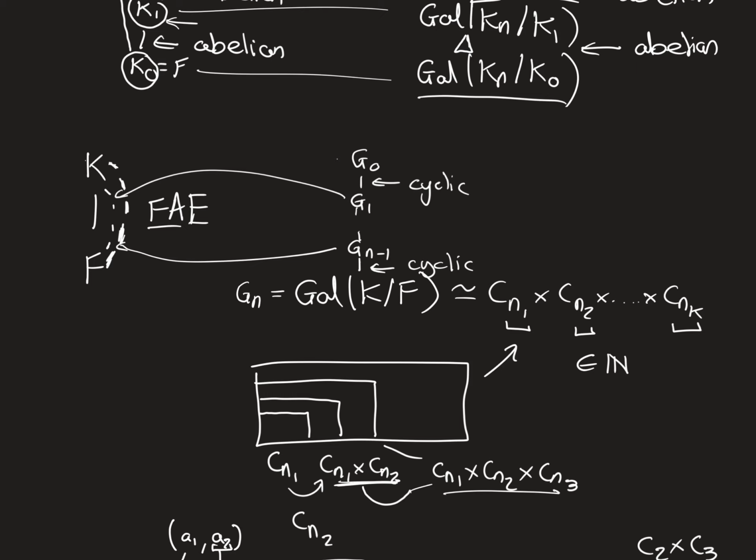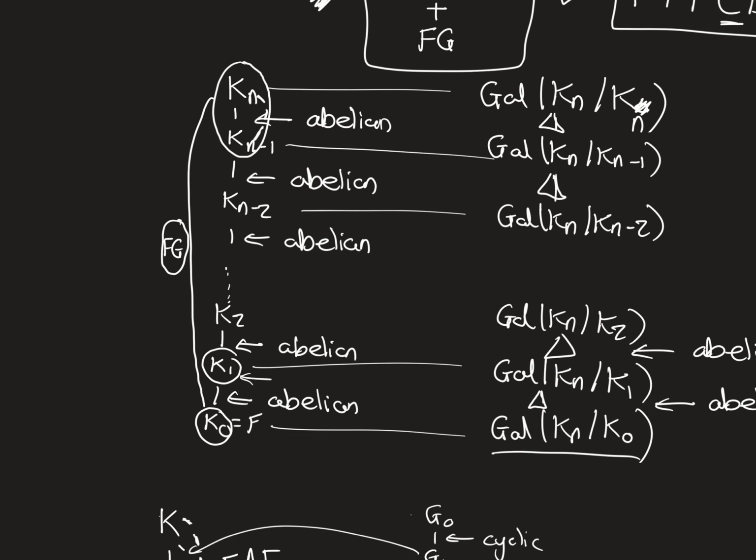So it means that my finite abelian extension is actually necessarily made up of an ascending chain of finite cyclic extensions. So now I just go back up here to where I've got my finite Galois extension built out of a finite number of abelian extensions, and I just split all of these abelian extensions up into their intermediate cyclic extensions.